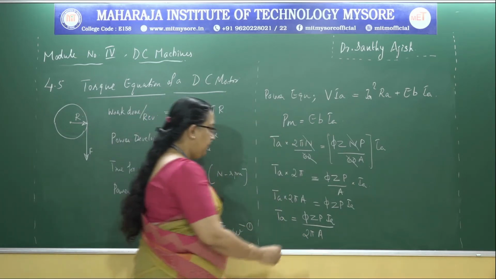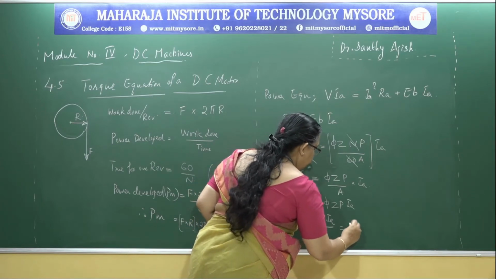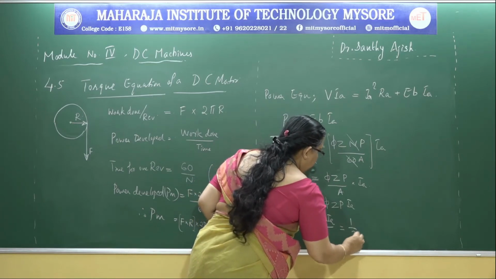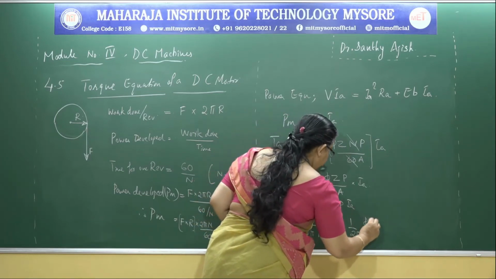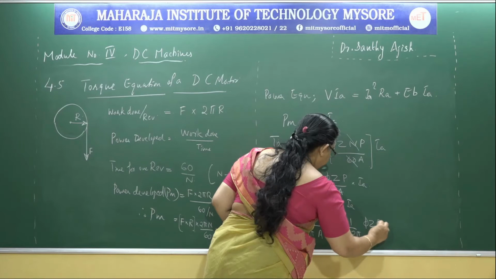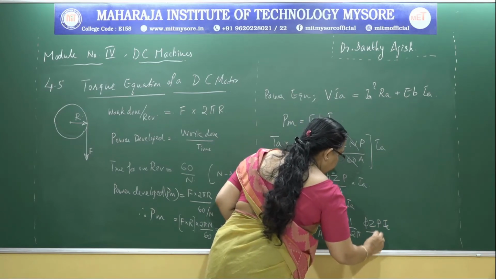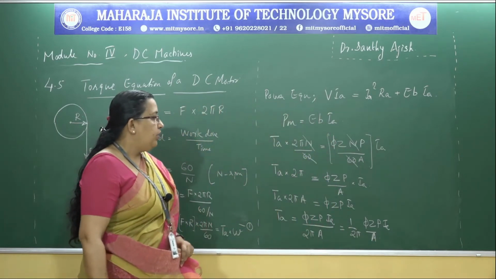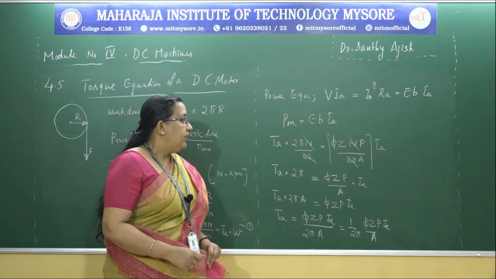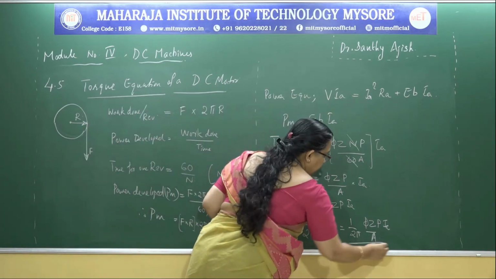So 1 by 2 pi phi Z. So this is the equation of the torque developed by the armature.